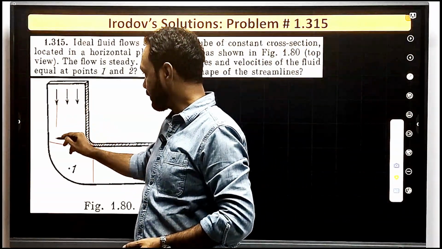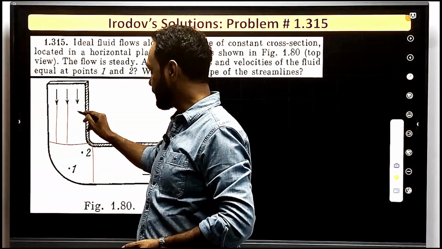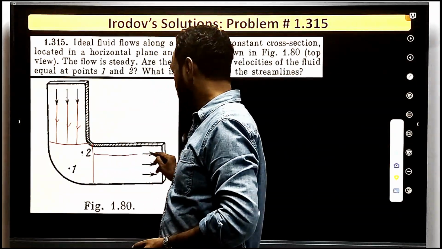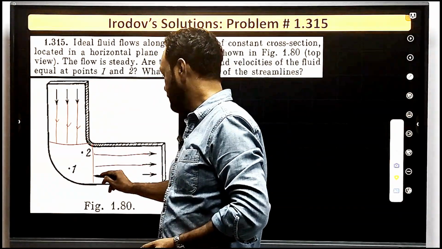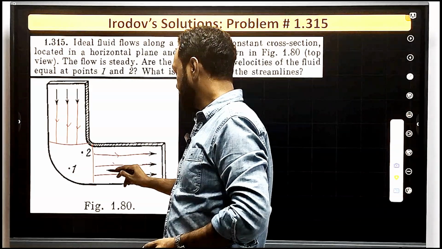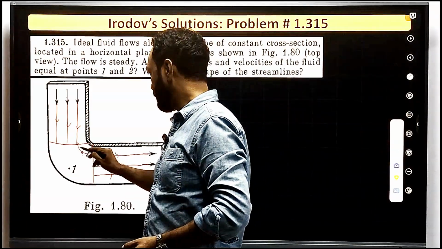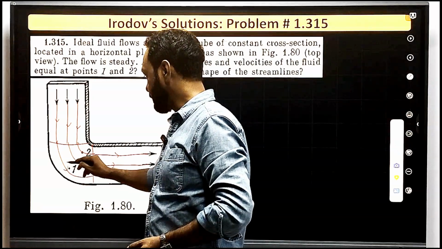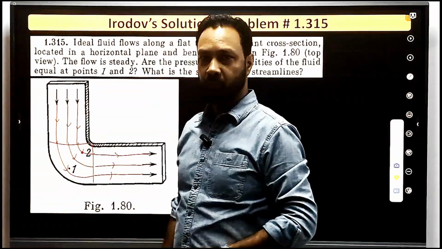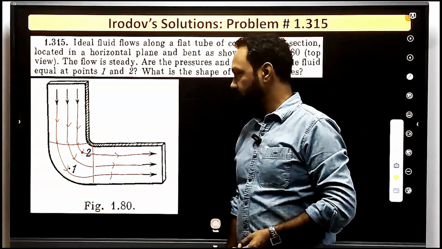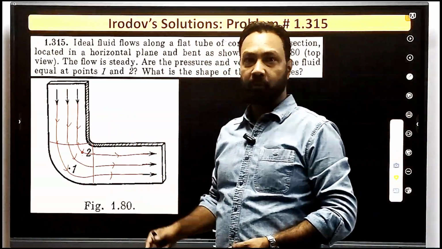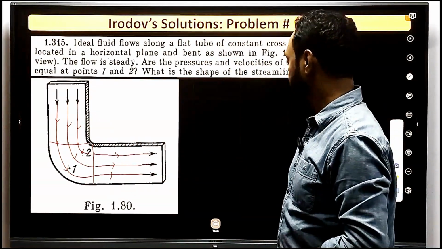So the streamline on this part would be a straight line like this, and the streamline on this part will also be straight like this, and the streamline here will bend according to the shape of the pipe. So the shape of the streamline on this part would be circular. Now the question is whether pressure at points 1 and 2 would be more or not, where it will be more, where it will be less, and same for the velocity.